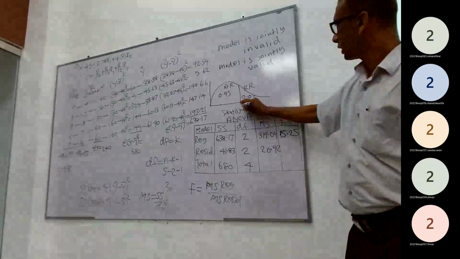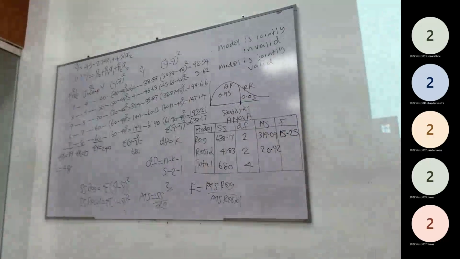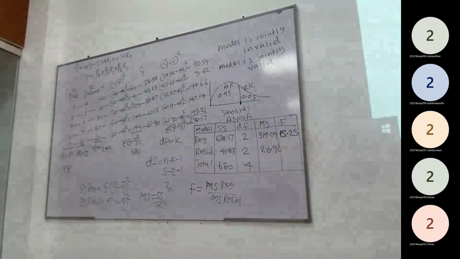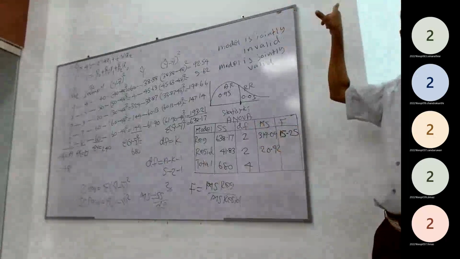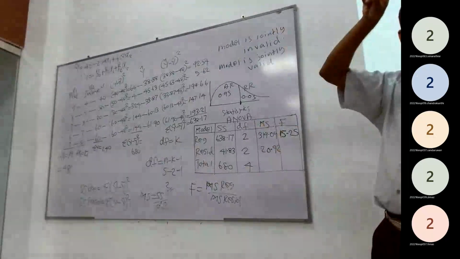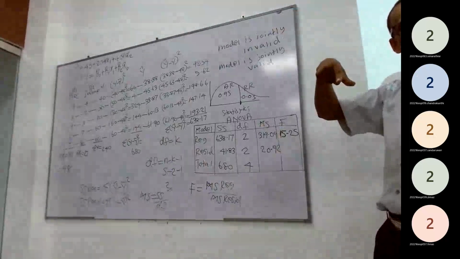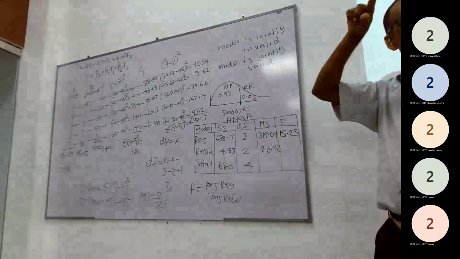Now take the critical value, the acceptance and rejection regions. F distribution: numerator degrees of freedom means degrees of freedom regression, and denominator degrees of freedom means degrees of freedom residual.